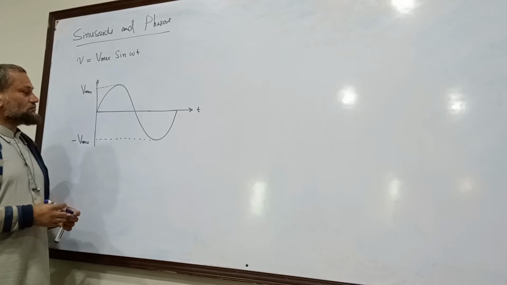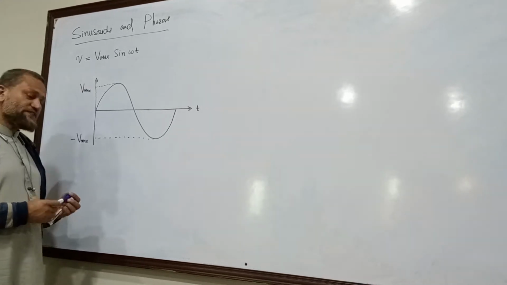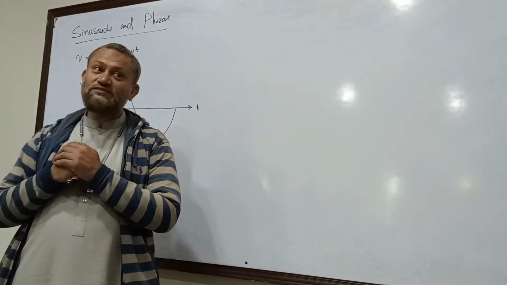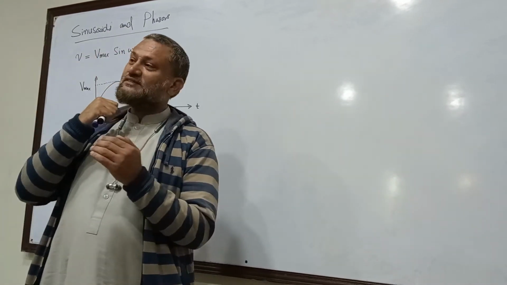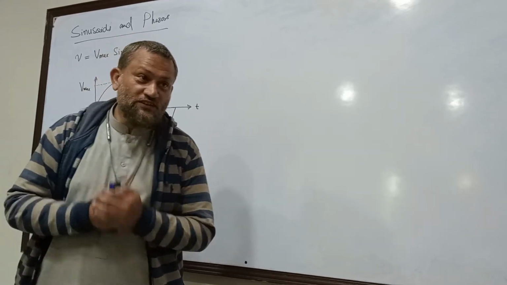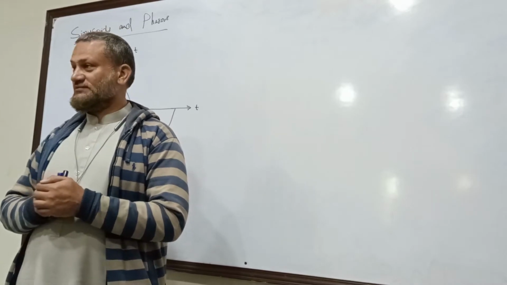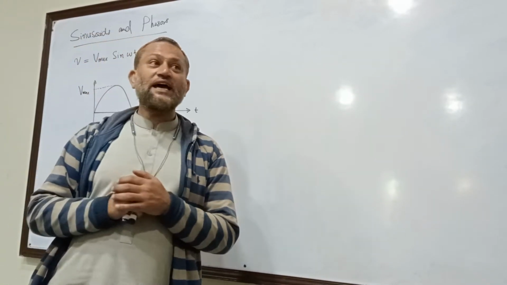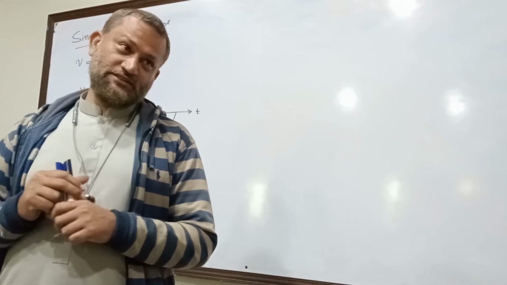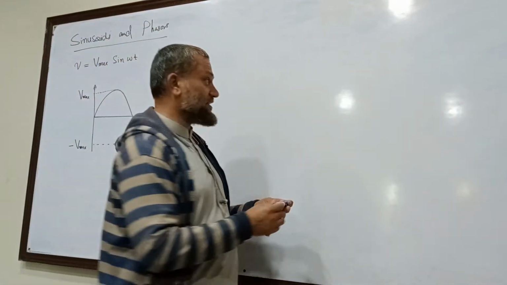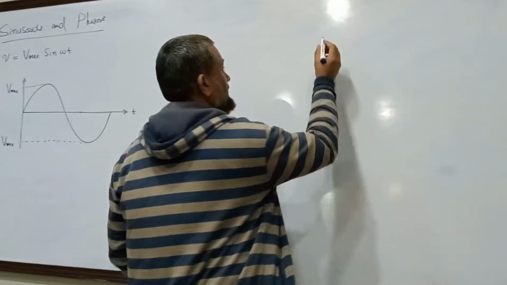Now, if we have an alternating wave, we will have a time period for this wave, we will have a frequency of this wave, and we will have periodic and non-periodic. These are the characteristics of waves. For example, I have two waves over here.